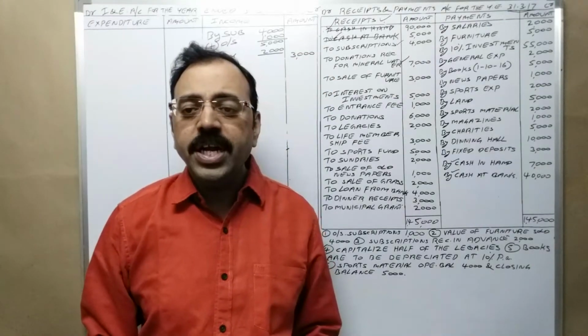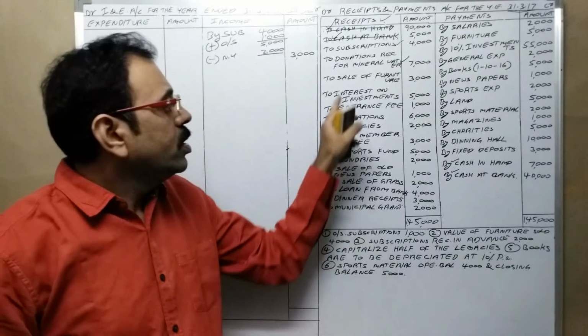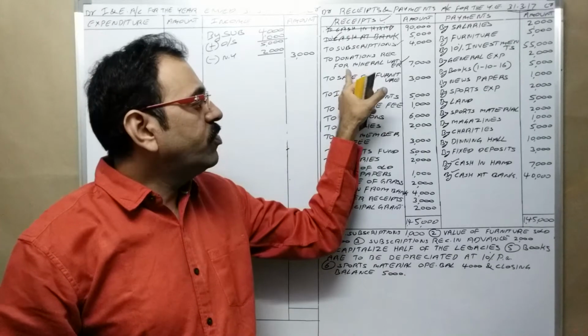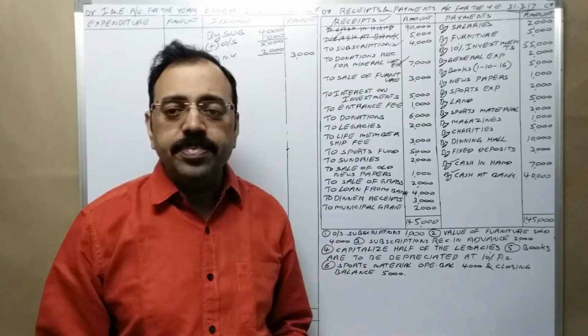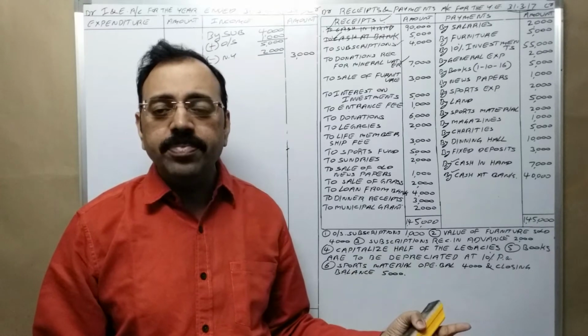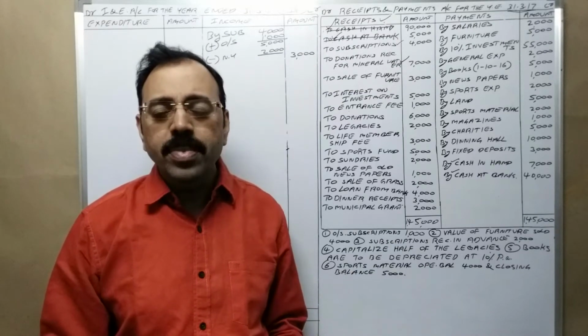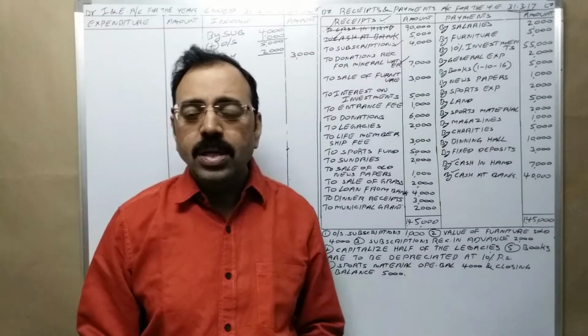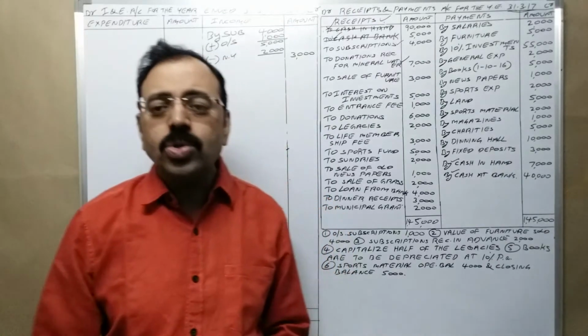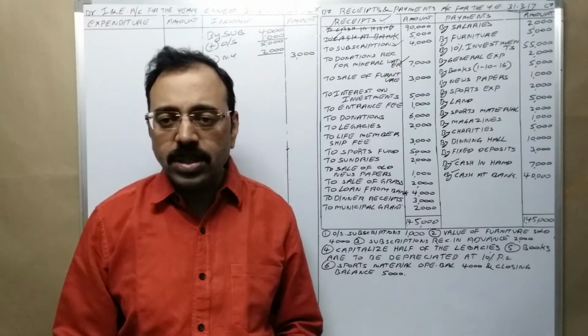Then, next item is donations. Donations received for mineral water. Donation means what? If anybody gives some gift to us in cash form, it is called donation. Since ours is a social welfare organization, some people donate money to us.